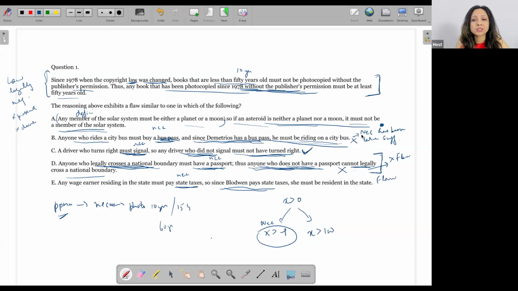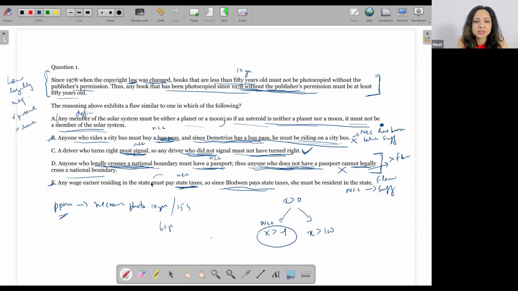And if you remember, we just discussed it in option B, that option E also has the same flaw. My necessary condition has been taken to be sufficient. Paying state taxes is necessary for any resident. Just because Blodwen is paying state taxes doesn't mean that Blodwen is residing in the state, right? Again, it is not sufficient.